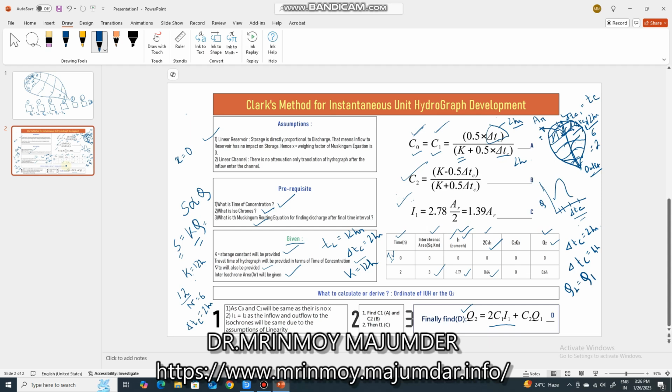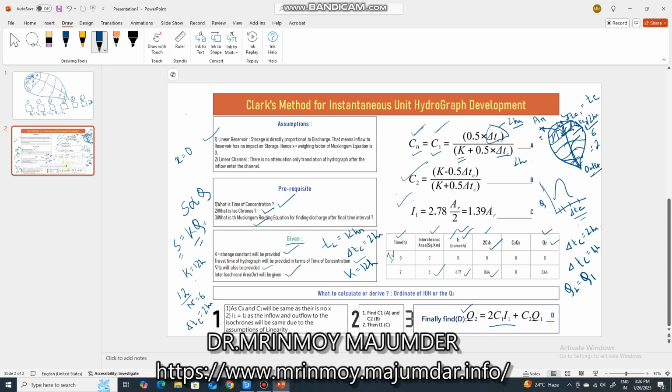So basically all these isochronal areas are in cascading order. So Q2 will be equal to Q1. Then you multiply that C2 with Q1, right? So always remember that Q2 of the previous isochronal area is the Q1 of the next isochronal area.